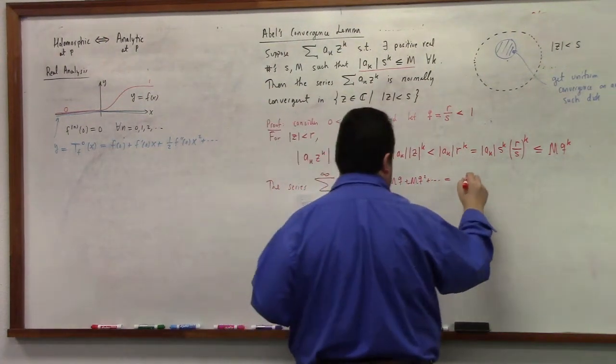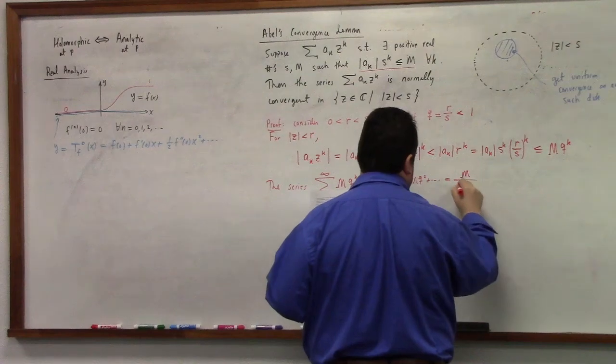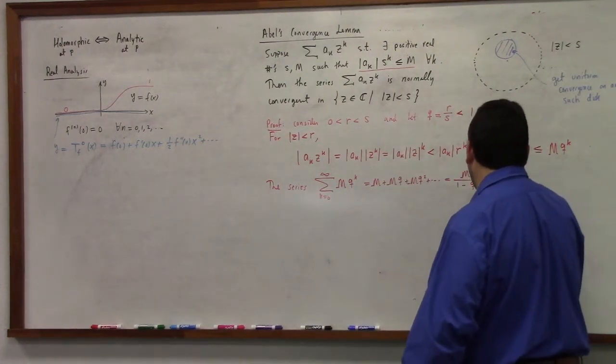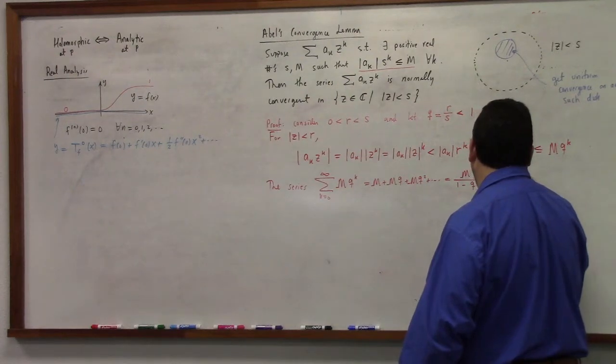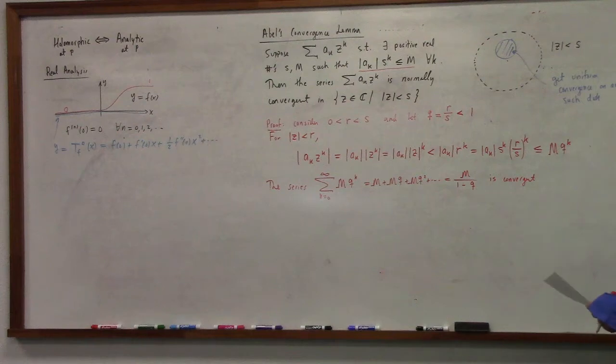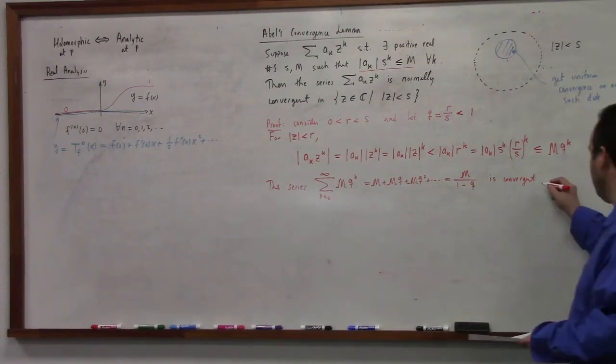So that converges to M over 1 minus q. So it's convergent. The series corresponding to this M q to the k is a convergent series, in fact geometric. Therefore, what? So we can apply the Weierstrass criteria.